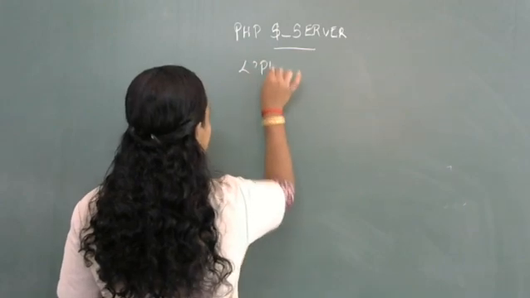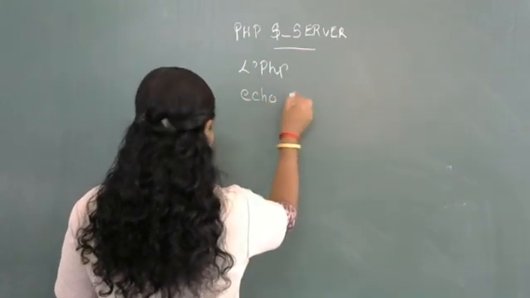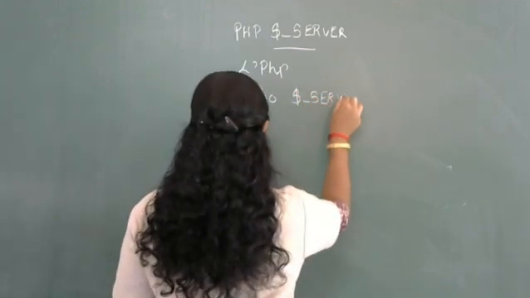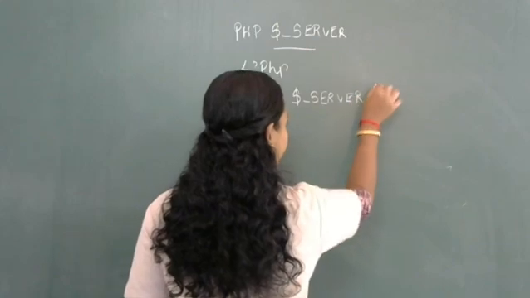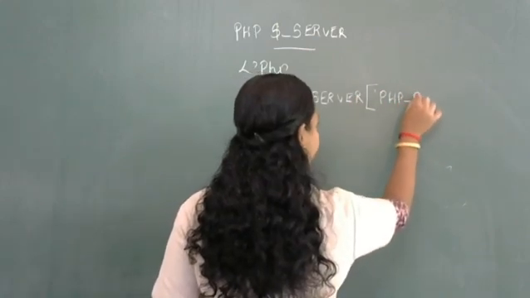PHP echo $_SERVER, then square bracket PHP_SELF.